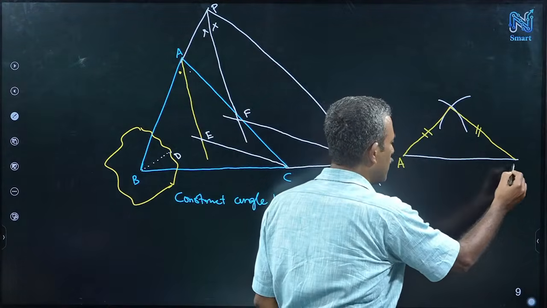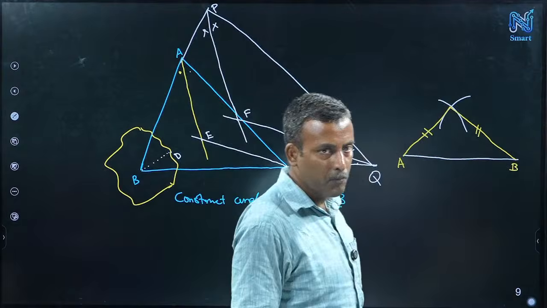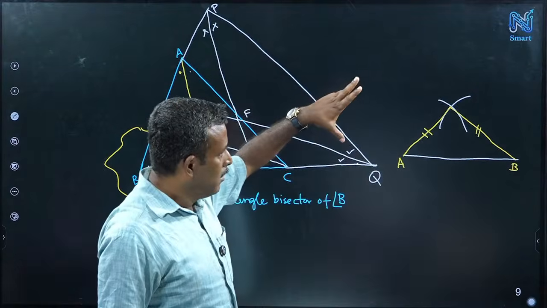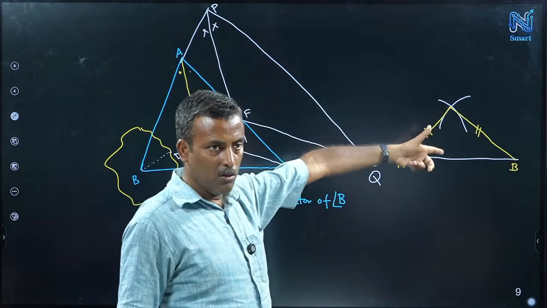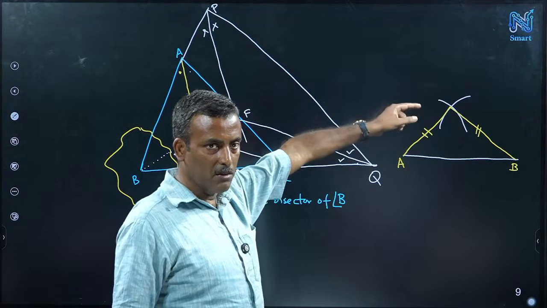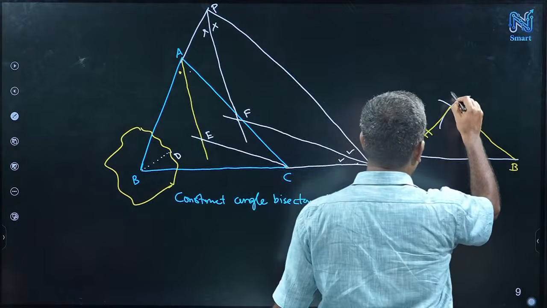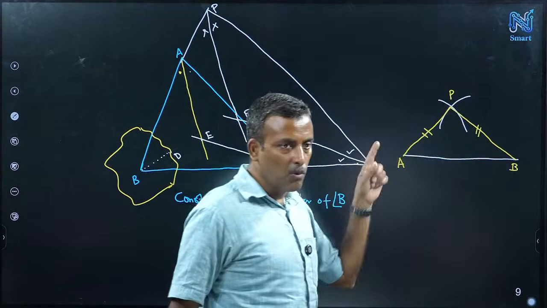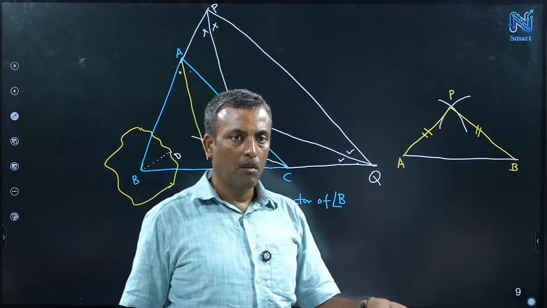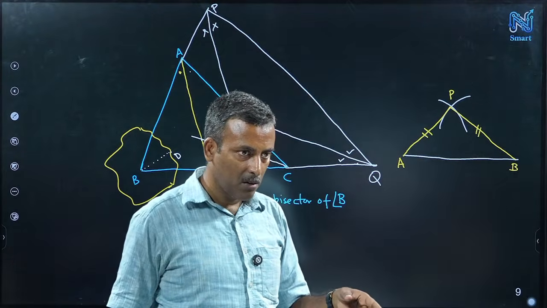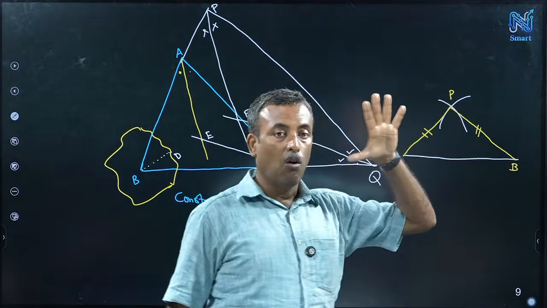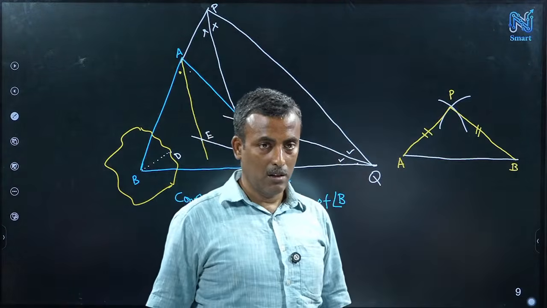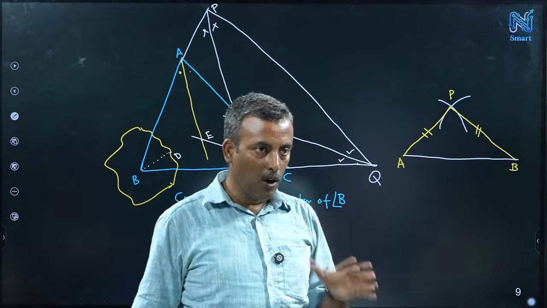Say AB is the line segment. We draw an arc from A and draw an arc from B with the same radius. They meet at say P, and you have to prove that P is on the perpendicular bisector of AB. There are 2 ways to prove it.